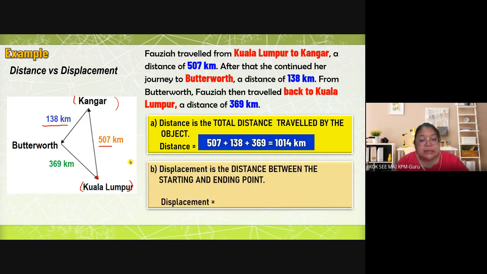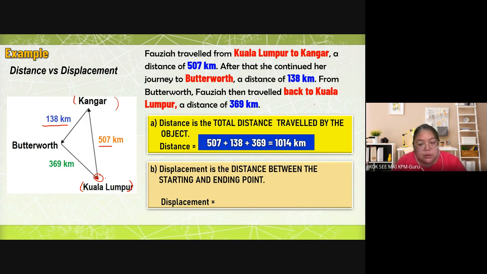B, displacement is the distance between the starting and also ending. So I want to ask Alvin, what's the answer for question B? Displacement is how many? 645. And you must keyword distance between starting to ending. Where they start? They start from KL. Where they end?